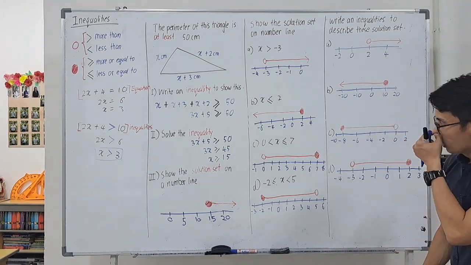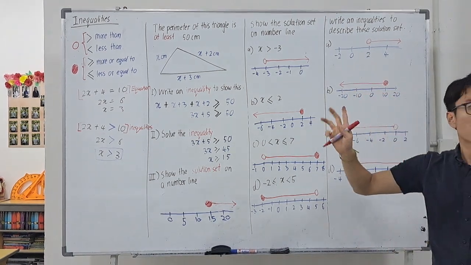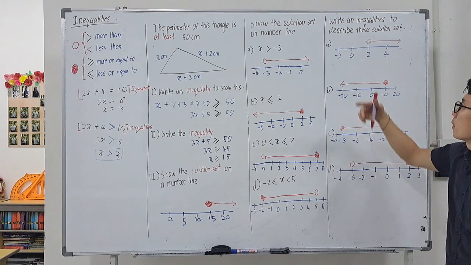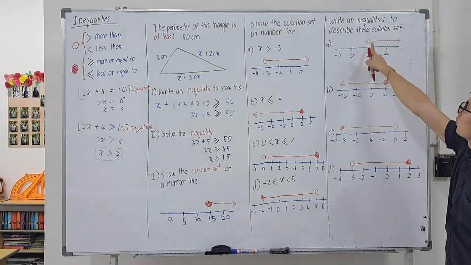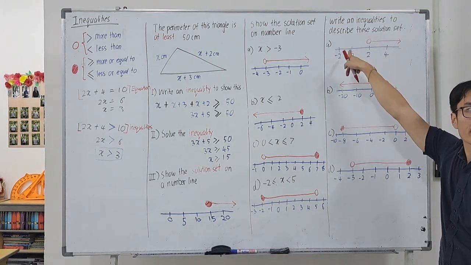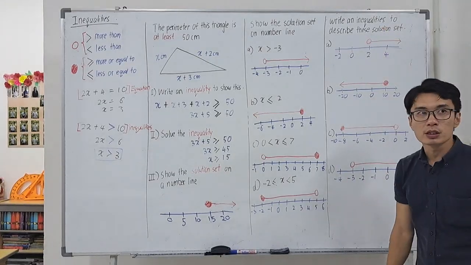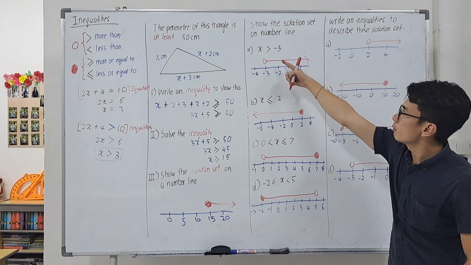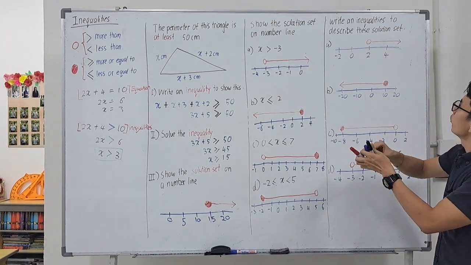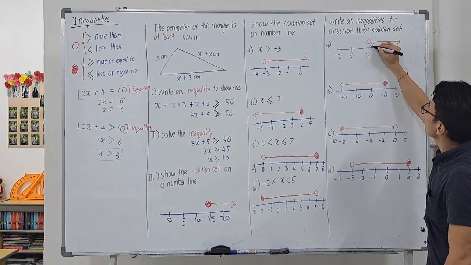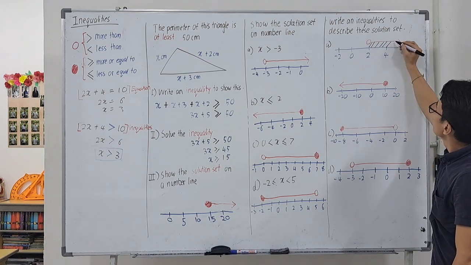Simple, okay? So now we are going to do the reverse process. I'm giving you this solution set on the number line, and you would be changing all these things to an inequality. So again, very similar to this, x is a value that is representing this range over here.